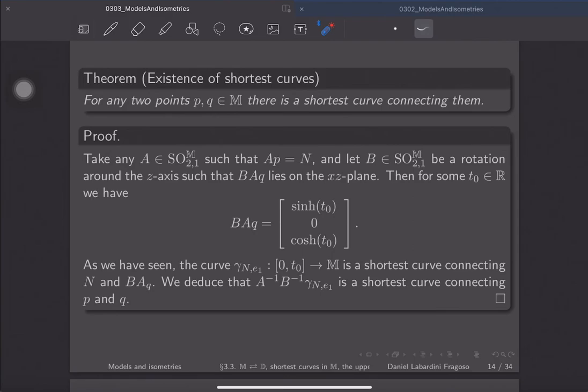Okay, for any 2 points, there is a shortest curve connecting them. Right? I mean, so right now, notice, I have my candidate curves that I already showed are shortest curves. But I still haven't established that with these curves I really can go from any point to any point.